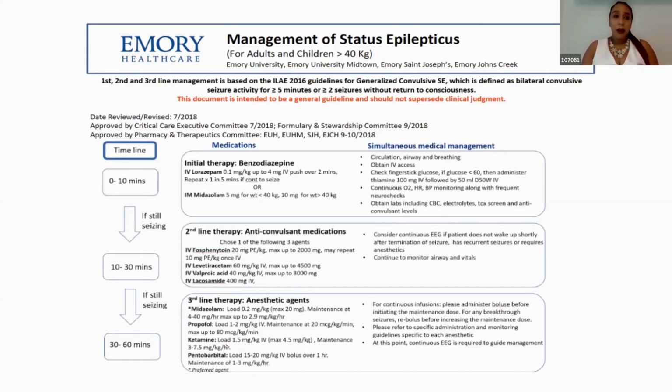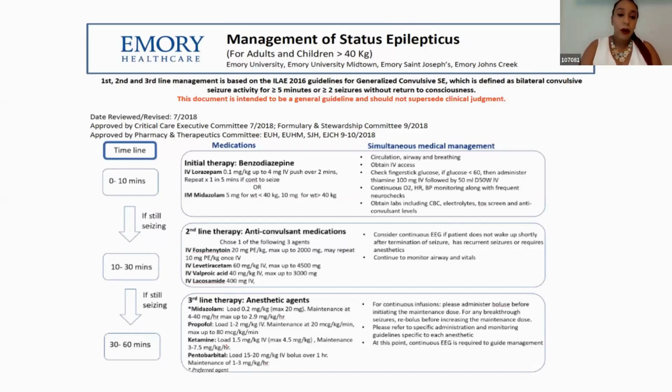At this time in our hospital, we're trying to determine whether these patients need continuous EEG. The way we determine that is if the patient doesn't wake up shortly after administering these medications, then we're concerned that they're going into non-convulsive status epilepticus. We don't want to cause increased case fatalities.